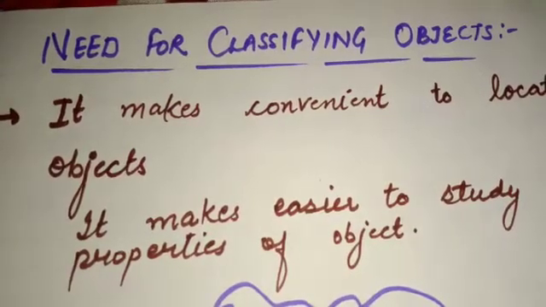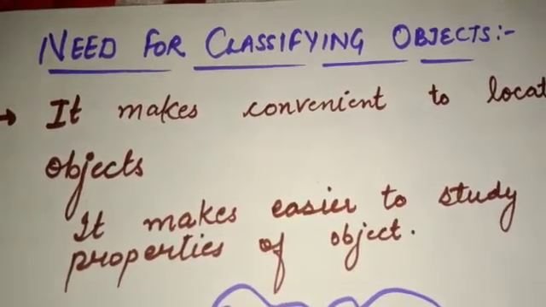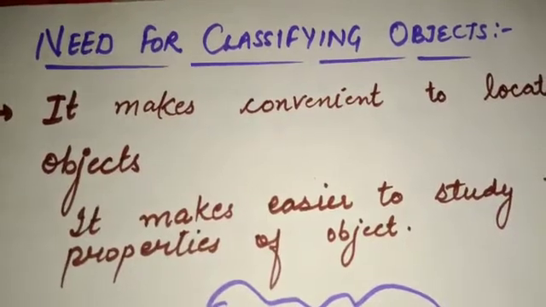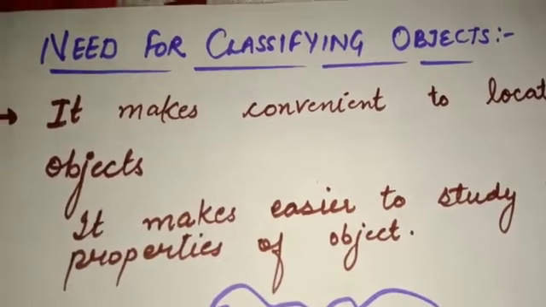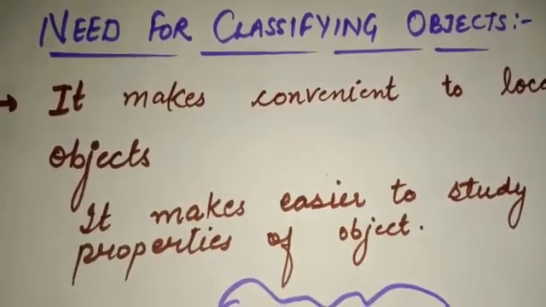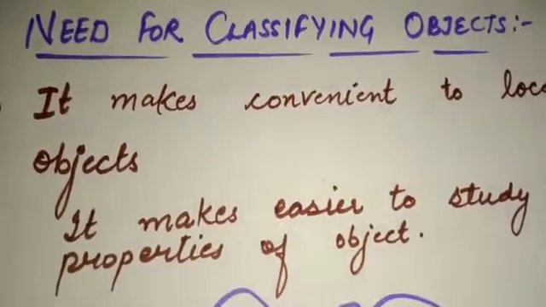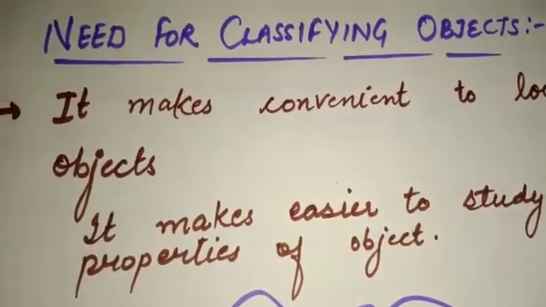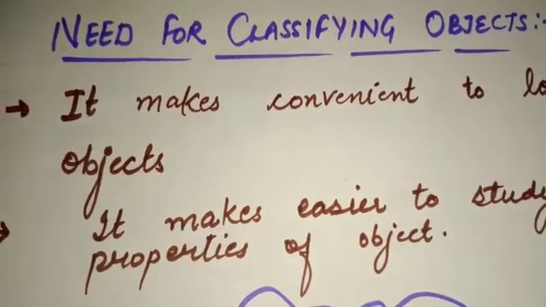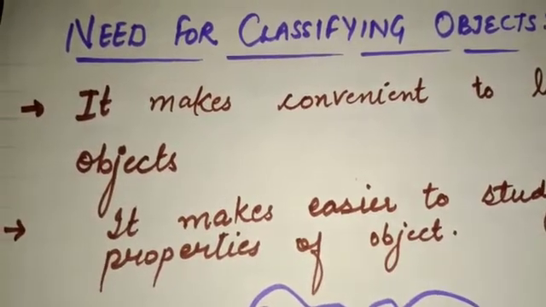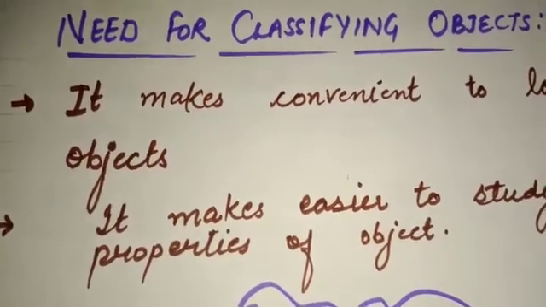Like cooking utensils are made up of metals, and we know metals are good conductors of heat. If a pressure cooker is a good conductor of heat, we can give the idea that a frying pan is also a good conductor of heat as it belongs to the metals.